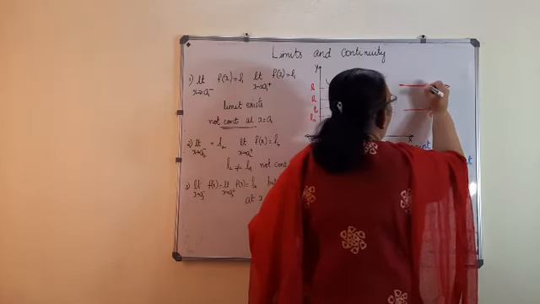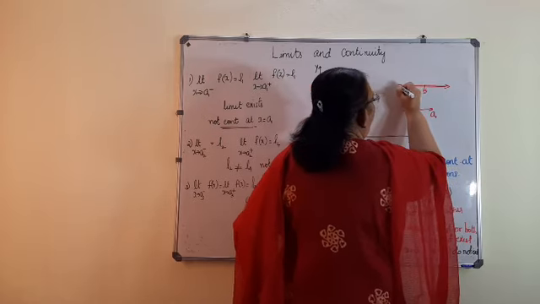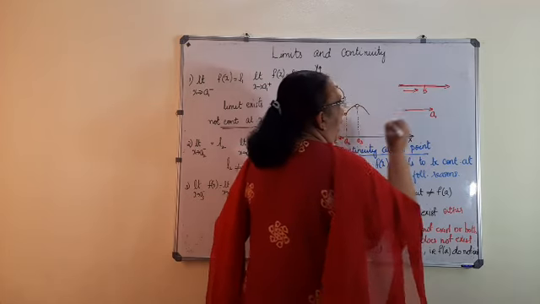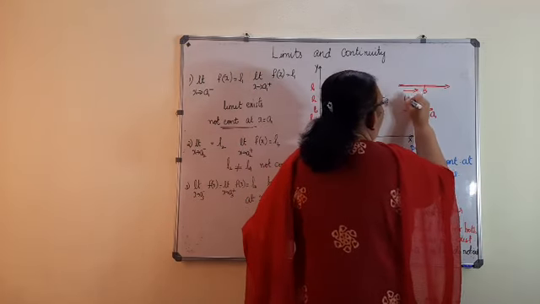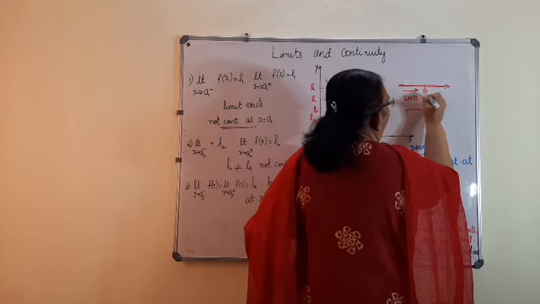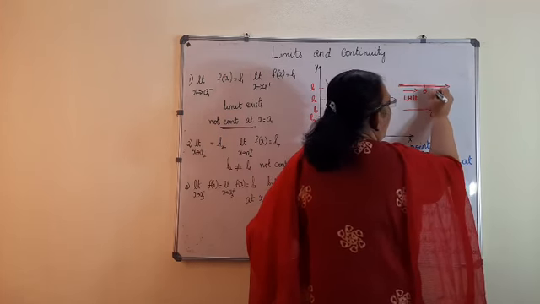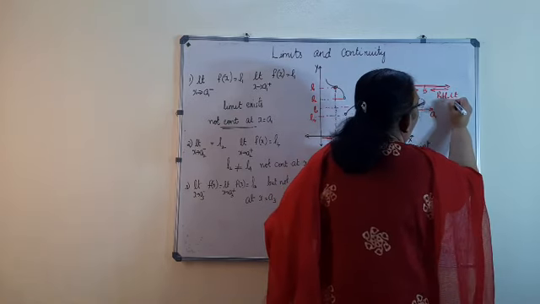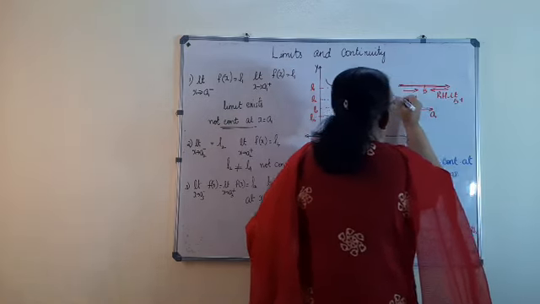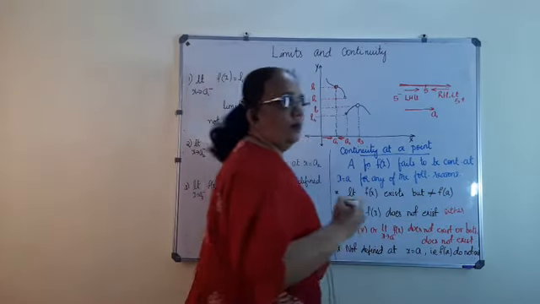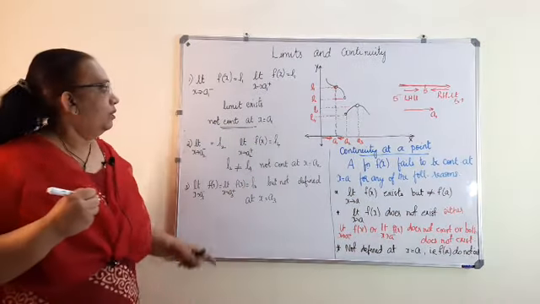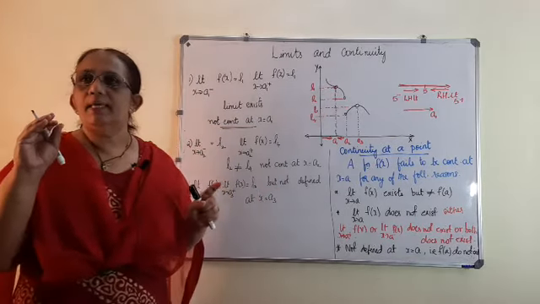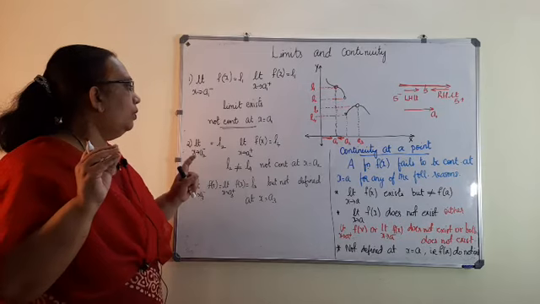If you consider a point 5, it can be approached from the left side, and that will be the left hand limit, and 5 can be approached from the right side. That will be the right hand limit. So this will be 5 plus and this will be 5 minus. Is it clear to you? Yes. Okay. Now it is not continuous at x equals a1, because there is a gap at the point x equals a1.